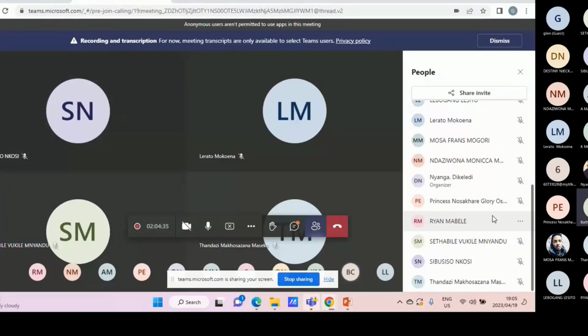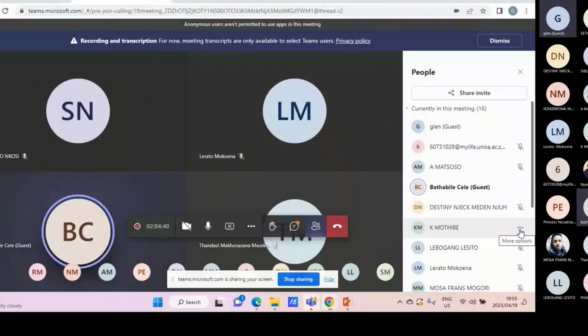Sir, I disagree with zeros on the third row. Zeros are on the fourth row. Zeros are on the fourth row? Yes, sir. All of them. And then on the third row, you're going to have 5 zeros, then number 2, 4, 5, and number 6 is going to be 1.